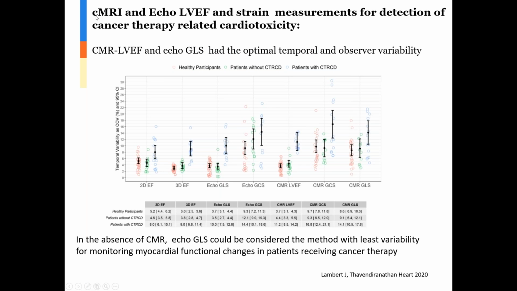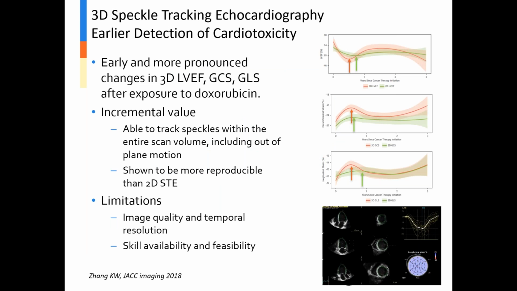Now, among the cardiac MR and echo indices for assessment of LV systolic function, cardiac MR LVEF and echo GLS have been shown to have the optimal temporal and observer variability, such that in the absence of cardiac MR, as access and availability are often an issue, echo GLS should be considered the method with the least variability for monitoring myocardial functional changes in patients receiving cancer therapy.